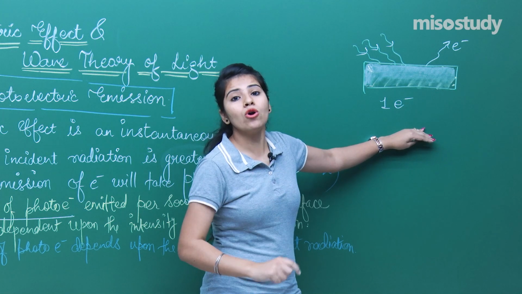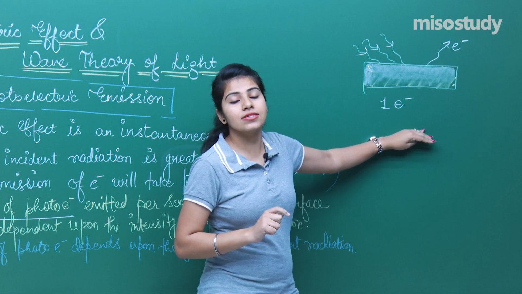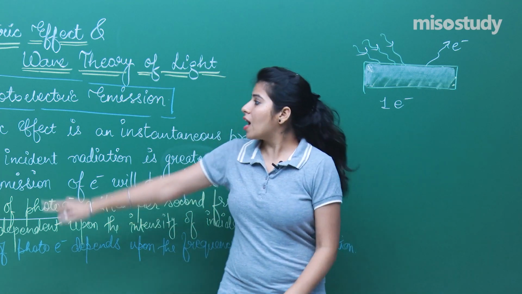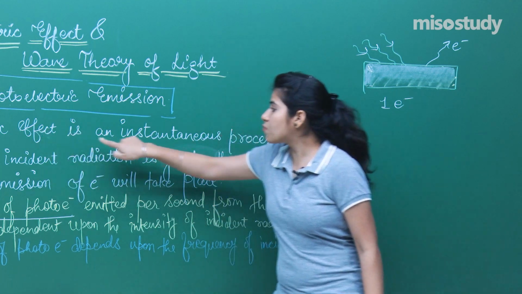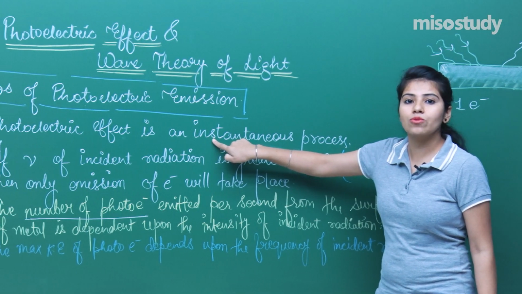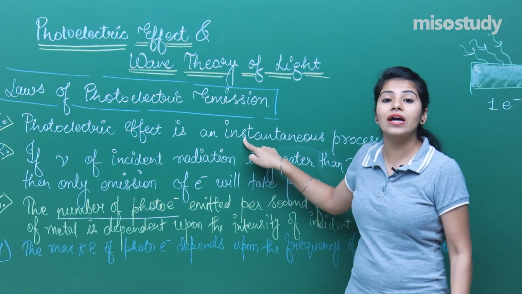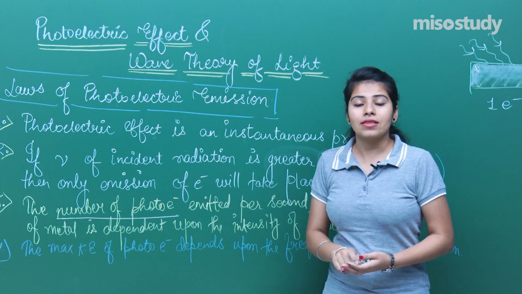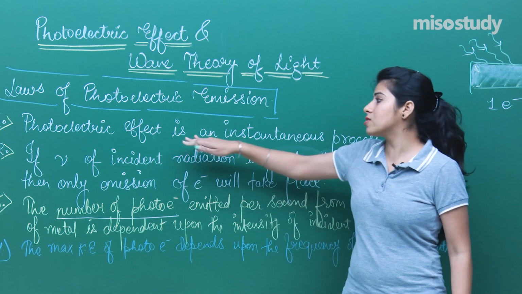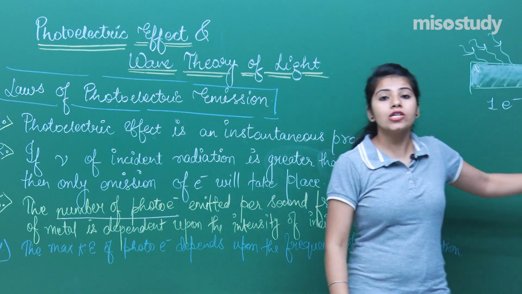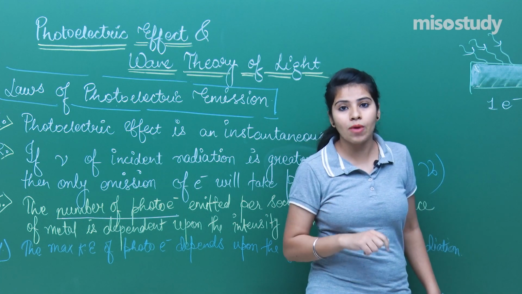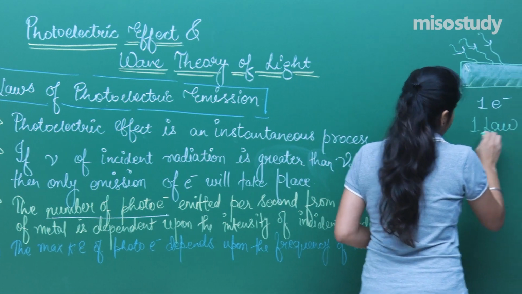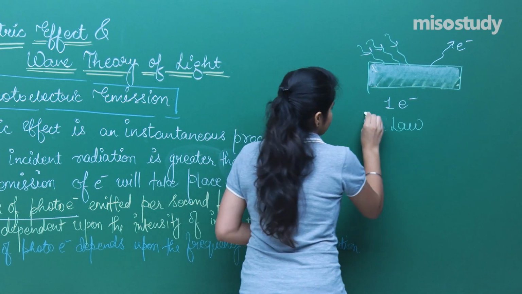So you cannot say that the photoelectric effect is an instantaneous process. So your first law, that the photoelectric effect is an instantaneous process, is not followed by the wave nature of light, right? You have seen that this is declined, it is not an instantaneous process, it will take a number of days or months. So we can say the first law is denied.